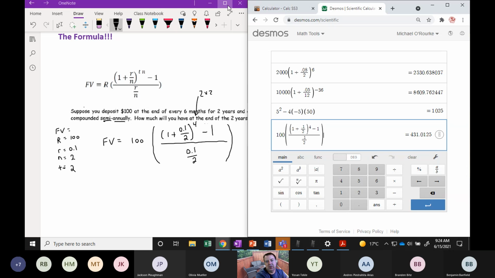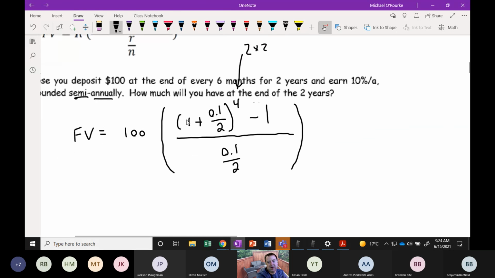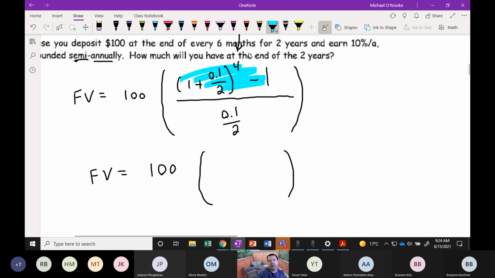If I were to use any type of calculator, this is how I would do it. I would do the top part first, okay? So my next line was going to look like this. FV equals 100. And I'm going to do this part first and this part separate, okay, with my calculator.